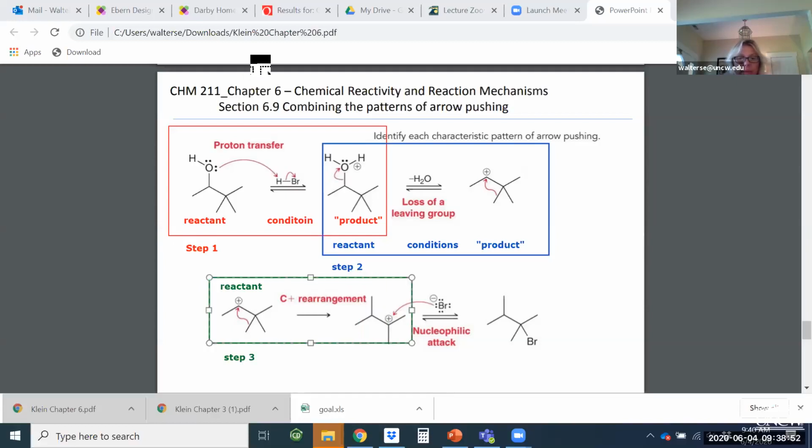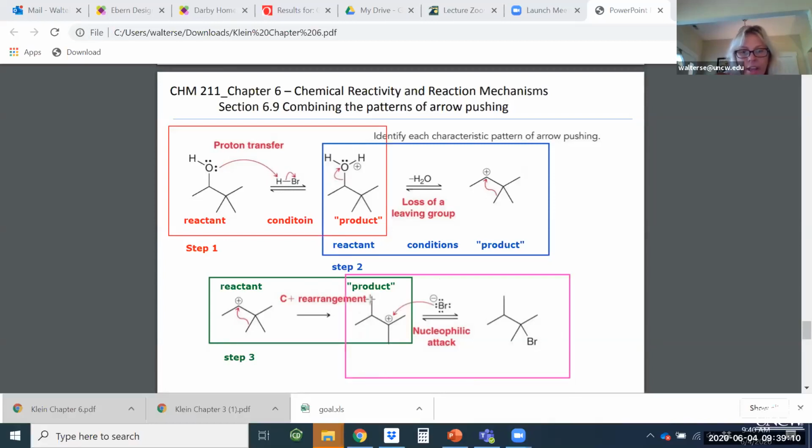And then this would be the product of step 3. And then the last thing would be that product of step 3 in a step 4. And now this is the final overall product.